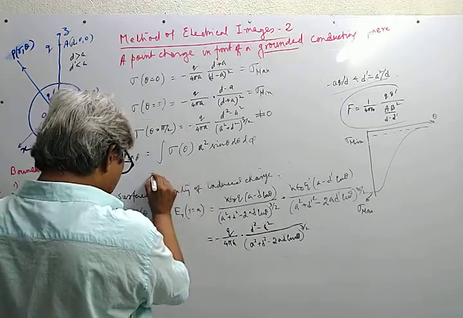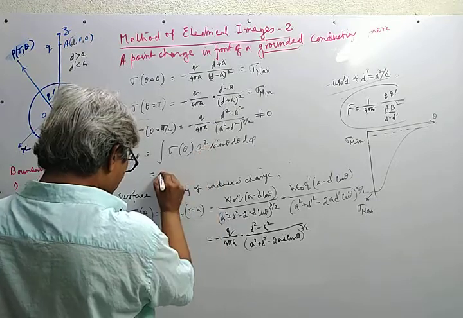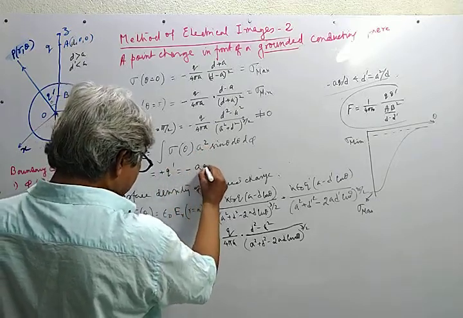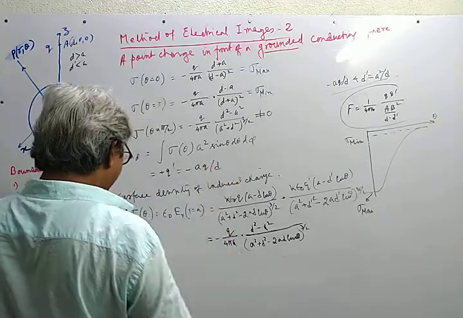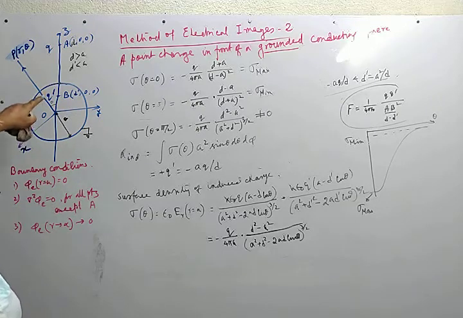And this comes out to be, on explicit calculation, q prime equal to minus aq by d. The total induced charge is the image charge.